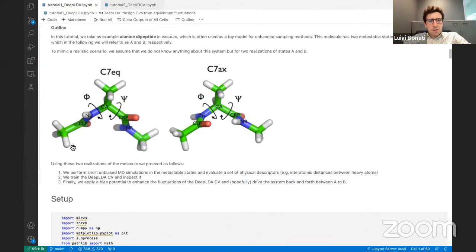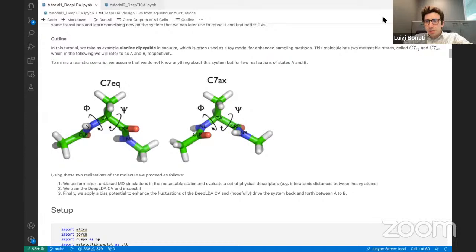First, we need to perform some short unbiased simulation in the metastable states. Then we will train a CV based on this data, and finally we can apply a potential to enhance the fluctuation of this data-driven CV.